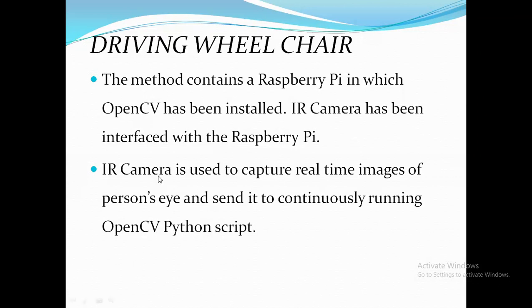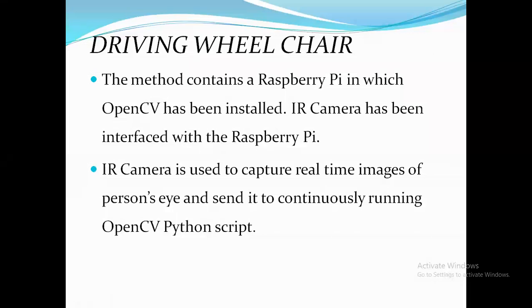The IR camera is used to capture real-time images. The person will be sitting facing the opposite direction. The camera will be attached to the handle, facing his face, and it will be constantly capturing the eye, only the eye, not any part of the face.